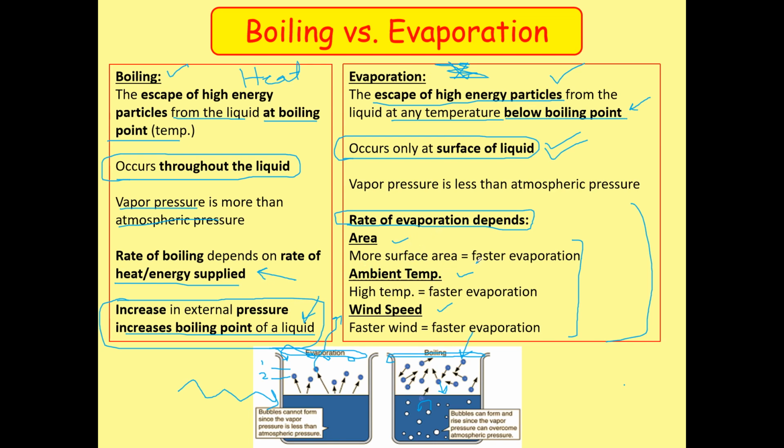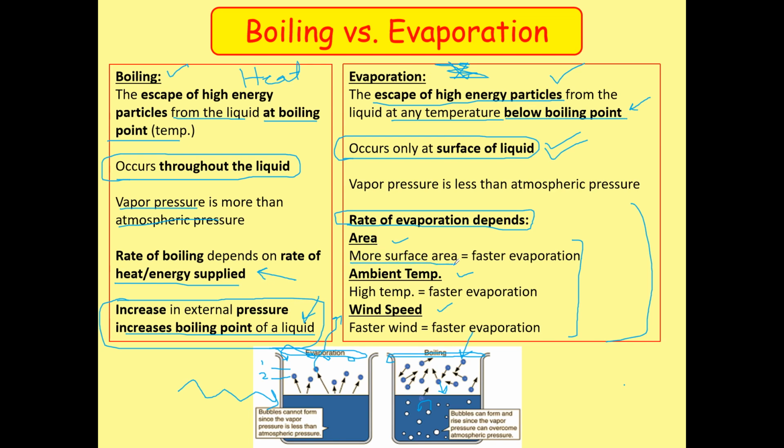So, greater the area. Consider that you take two identical beakers with an equal amount of water in them. You keep one beaker as is, and you spill the other beaker on the floor, right? Since the ambient temperature is the same in the room and there is no wind, it's a closed-off room, both the water in the beaker and the water on the floor have similar conditions, except the water on the floor has more area.